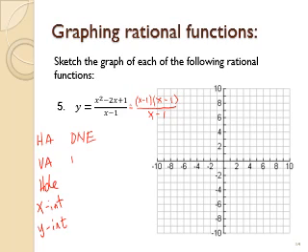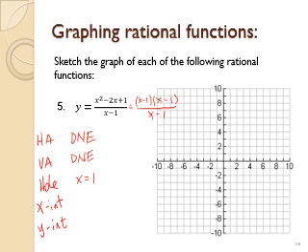That means you don't have a vertical asymptote. There is no vertical asymptote, but you do have a hole. When x equals 1, the top and bottom are both going to be equal to 0. So there's no horizontal asymptote, there's no vertical asymptote, there's only a hole.